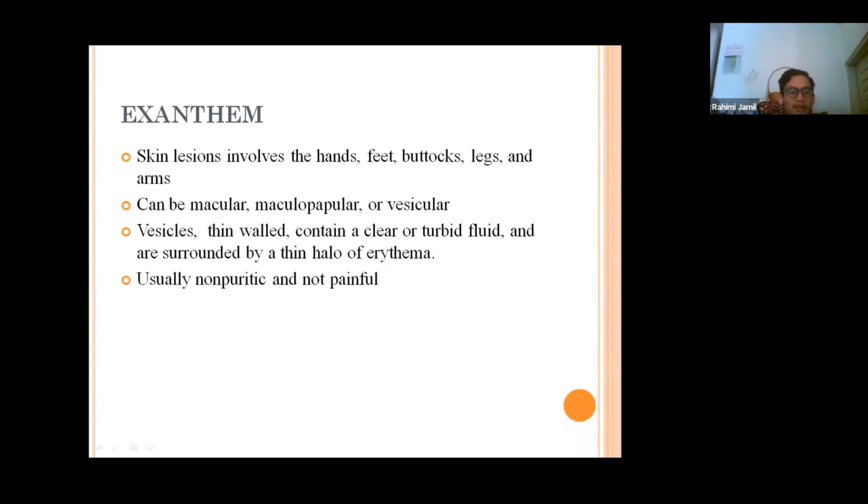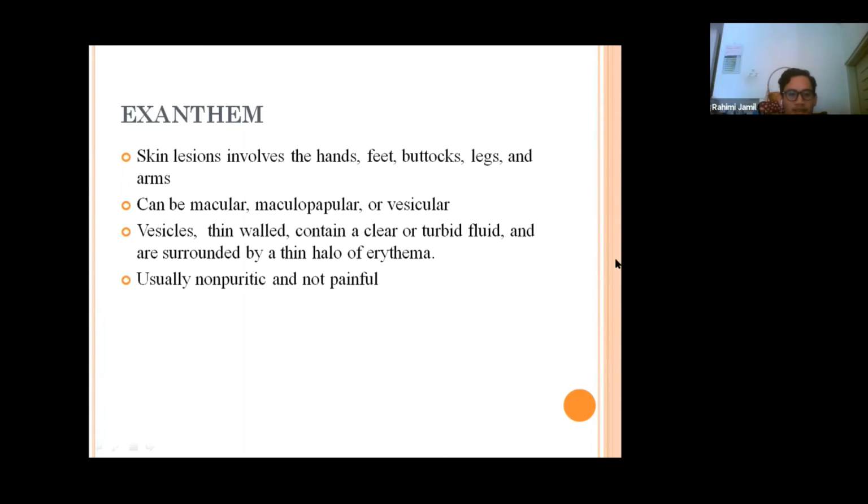And next is exanthem. Exanthem usually involves the hands, feet, buttocks, legs, and arms. The lesions can be macular, maculopapular, or vesicular, but all three features may be present in a patient.